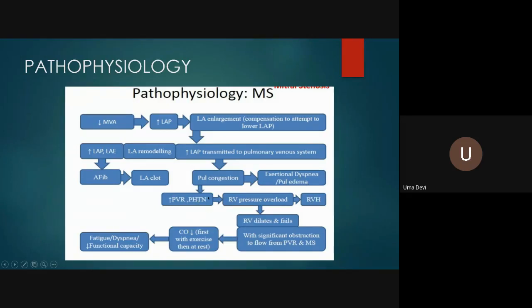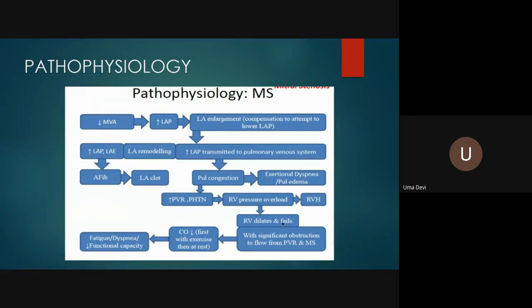Now, once the pulmonary hypertension starts, mild to moderate, this pressure is seen in the right ventricle. So you will have a right ventricular pressure overload, seen in the form of right ventricular hypertrophy. After a certain stage, this right ventricle is going to dilate and fail, and we'll see the full-blown picture of right ventricular failure.